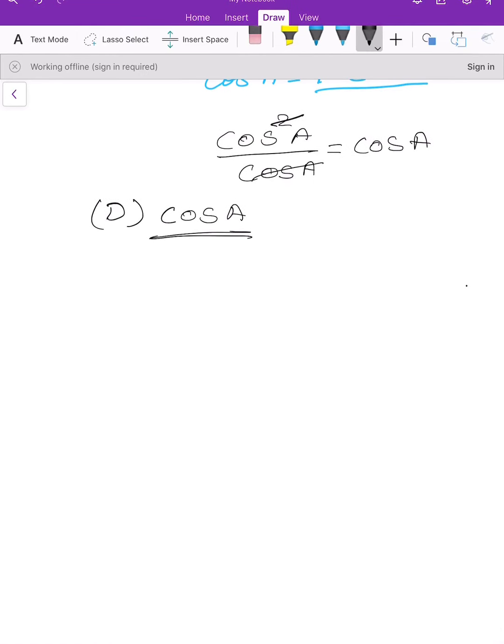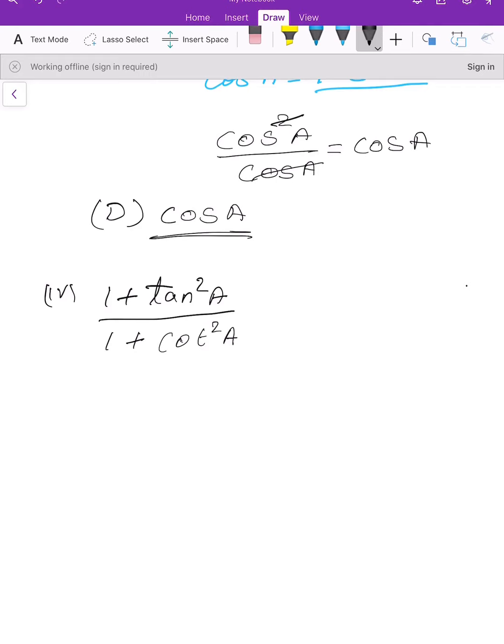What is my fourth subdivision from the fourth sum? The fourth subdivision is 1 plus tan square A by 1 plus cot square A. Here I'll do the same thing. I'll write tan and cot in terms of sine and cos.